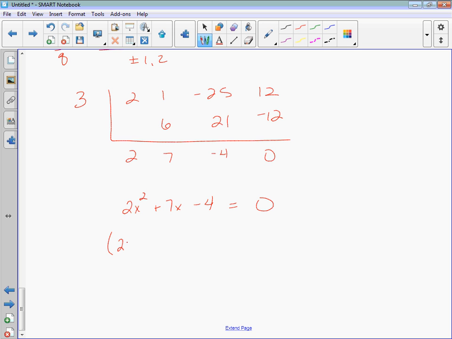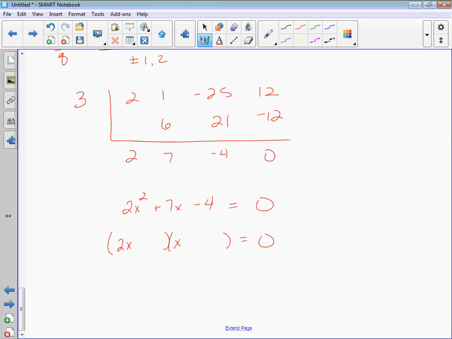How do you factor when there's a more than one on the left? When there's a leading coefficient of anything other than one, if everything is prime or really small numbers, I just guess and check. But I do think in my head first: 2 times negative 4, that's negative 8.